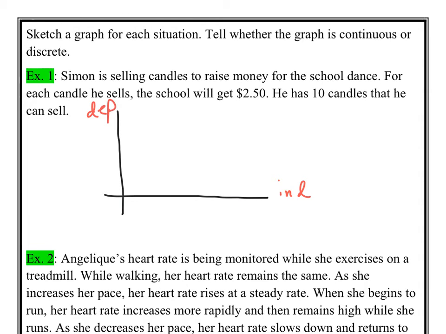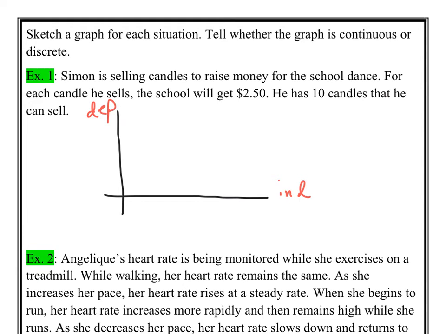Now to determine which is independent versus dependent, think to yourself, which one depends upon the other? Does the amount of money the school gets depend upon how many candles Simon sells, or does the number of candles Simon sells depend upon how much money the school gets? If you think about that, the amount of money the school gets depends on the number of candles. So the candles is what we call our independent variable.